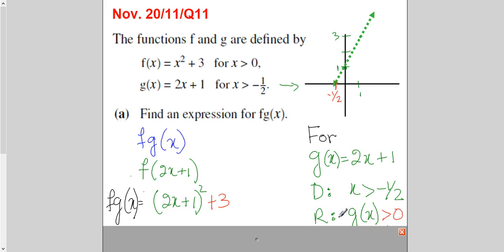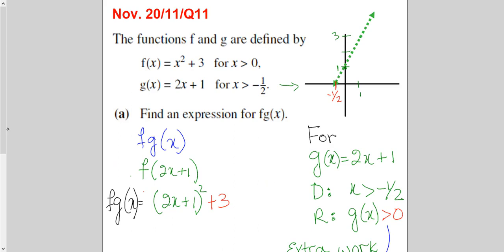And you know, in a composite function we can find further, but just hold on, because this question is only asking for the expression which we have gotten here. I'm giving you some extra explanation. If the question asks you to find the domain and range of fg(x), then what will you do? It's not part of the question, but I'm explaining extra.